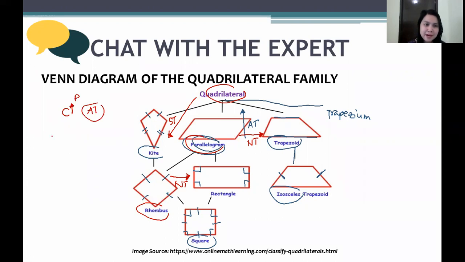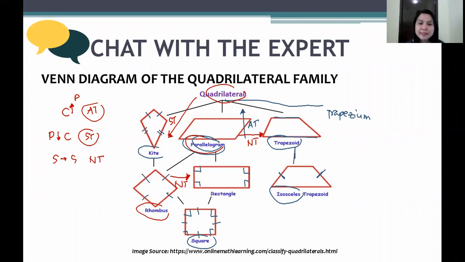Next, parent to a child. Quadrilateral is a kite. That is sometimes true. Next, sibling to sibling. Like parallelogram is a trapezoid. That is never true. Rhombus is a rectangle. That is never true.